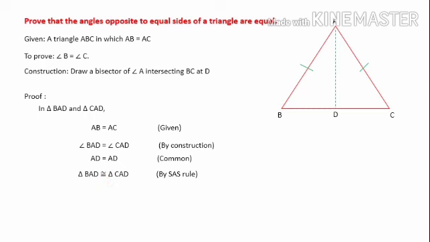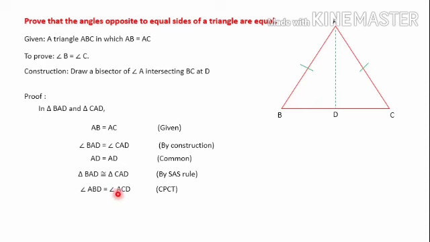Side angle side, where the angle is the included angle between the sides. If two triangles are congruent, their corresponding parts are equal. By using CPCT, corresponding parts of congruent triangles, angle ABD and angle ACD are the corresponding angles of triangles BAD and CAD.